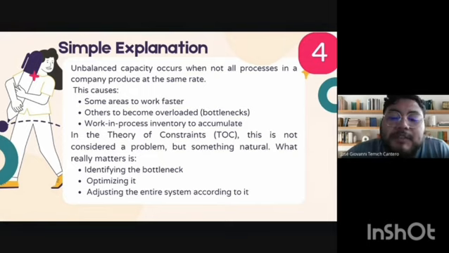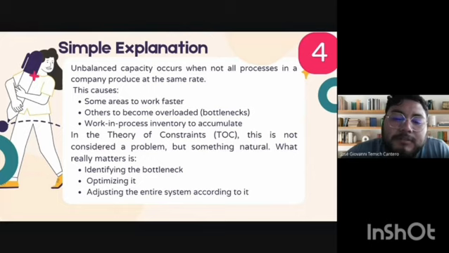This means that success is not about keeping our resources busy, but about improving the performance of the entire system. Productivity in this context is not about producing more units, but about generating more value. A system is productive when it is increasing throughput and decreasing inventory and operating costs.